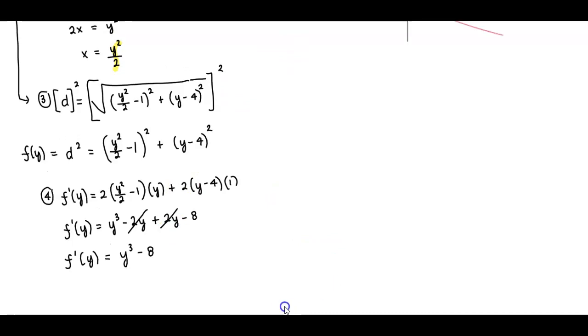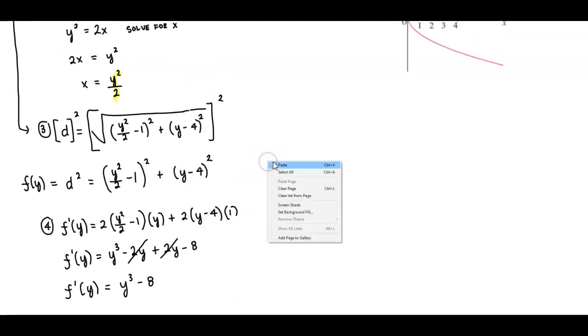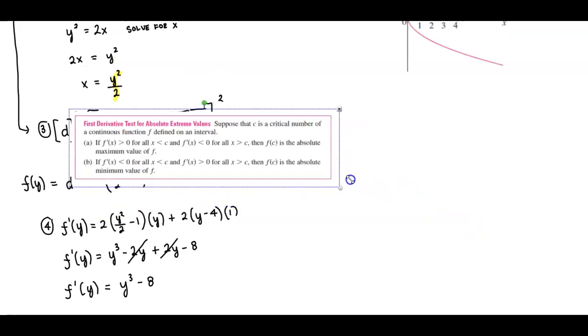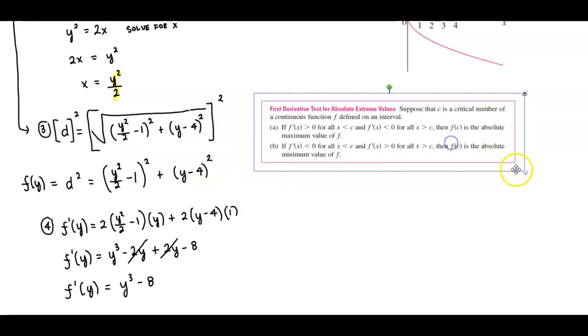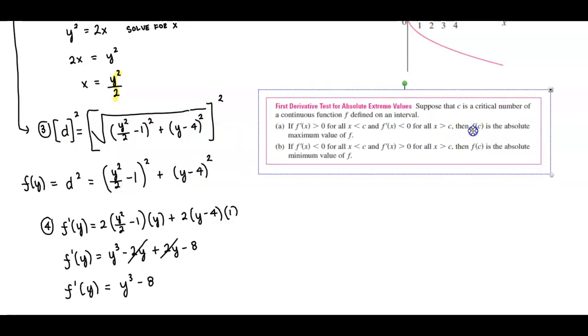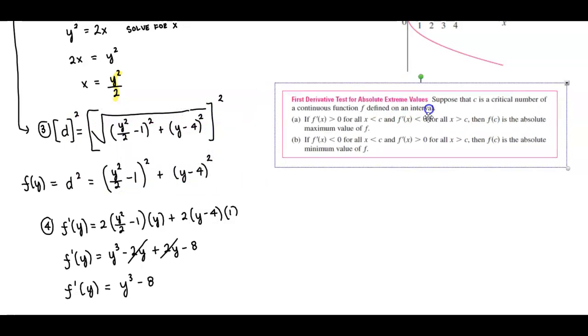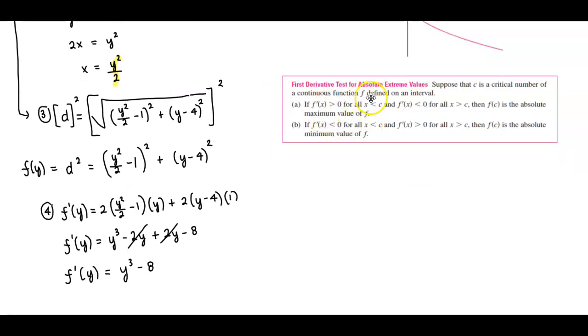Okay, so knowing what our definition states, let's go back to that definition. The definition that I'm referring to is the first derivative test for absolute extreme values. Again, suppose that c is a critical number of a continuous function f defined on an interval.